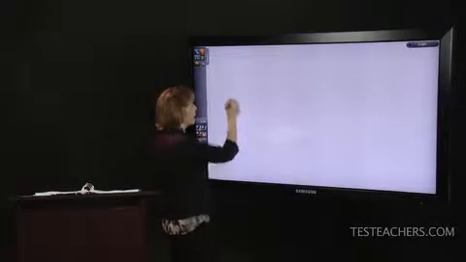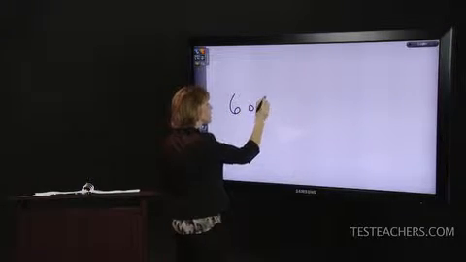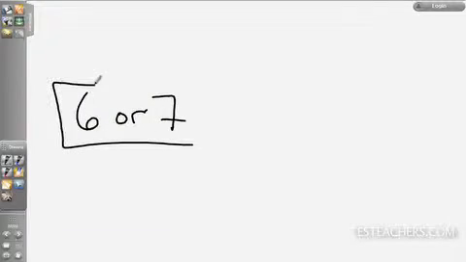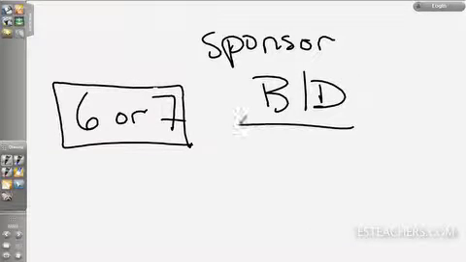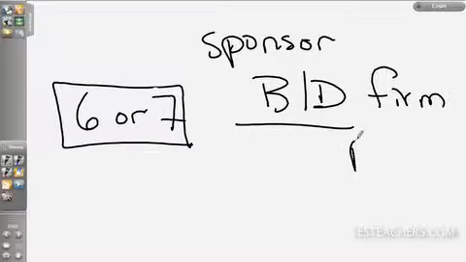In order to take your Series 7 or Series 6 examination, you must have a sponsor broker-dealer. So this sponsor, your broker-dealer, this is the firm. So the firm, in order to be a broker-dealer, fills out what's called Form BD.